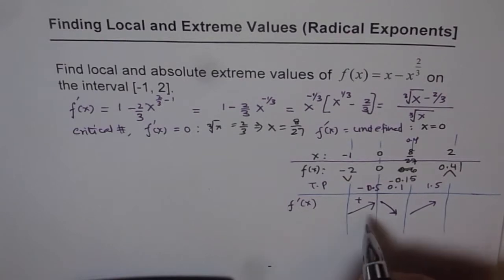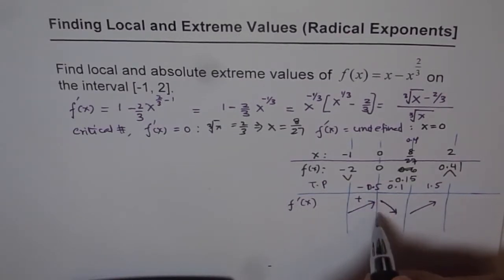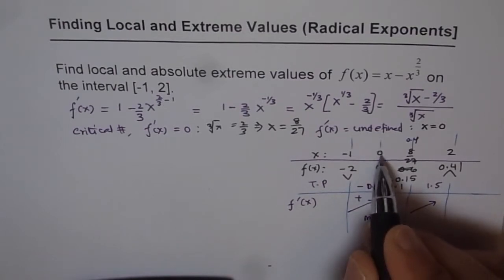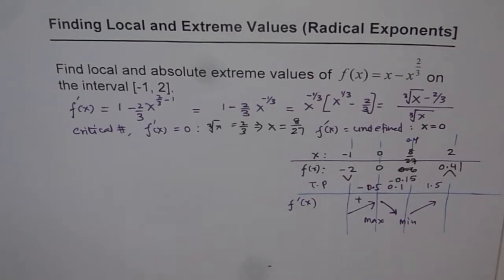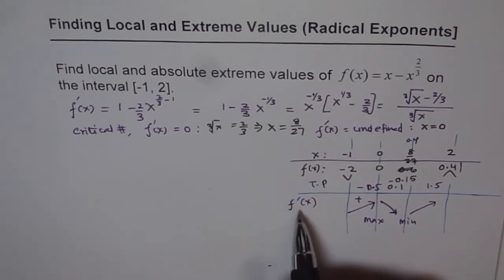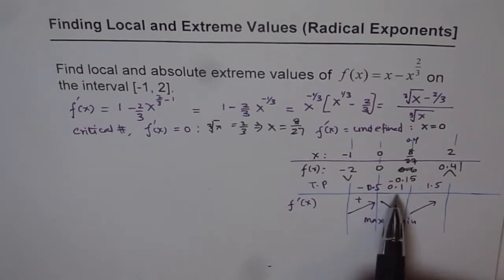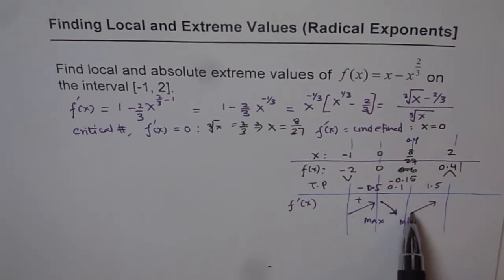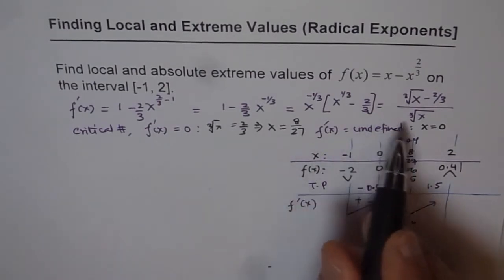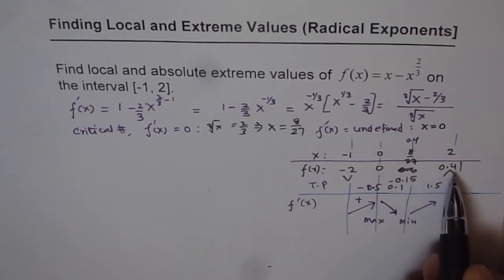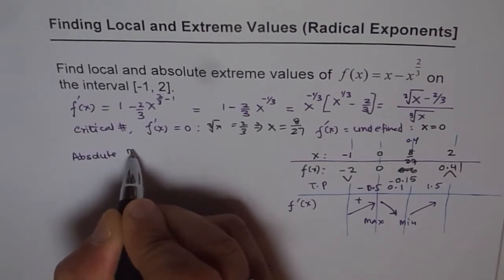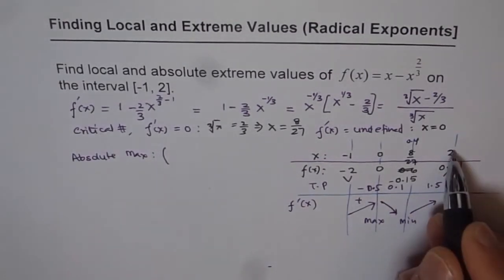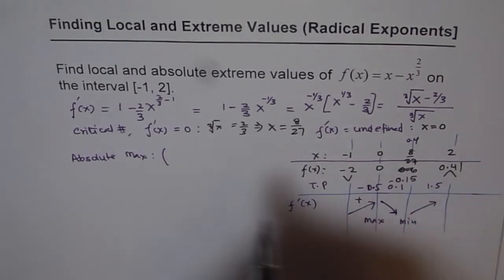So you can see from here that we have a local maximum at 0 and a local minimum at 8 over 27, right? So from the first derivative test, we can figure out where the local maximum and minimum are. From testing the critical points, we found that we have an absolute maximum at 2, and the value is approximately 0.41.